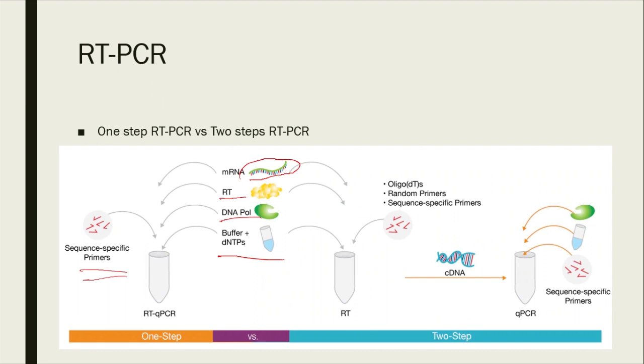Or you can do two-step, i.e. you do your reverse transcription first, obtain your cDNA, and then do your PCR. So there's virtually no difference. Of course, one-step is easier and quicker, but usually a little more expensive. Like anything, more convenient, more expensive. I've done a couple of those more recently in a side project. The one-step is really nice. Yeah, I go for one-step.